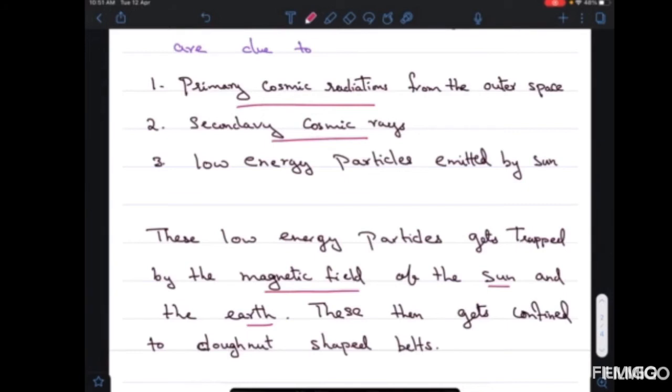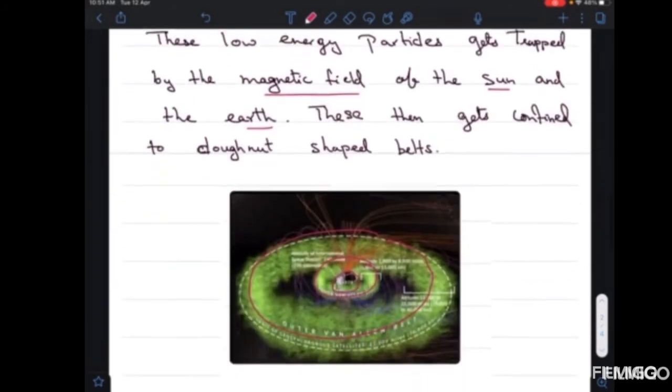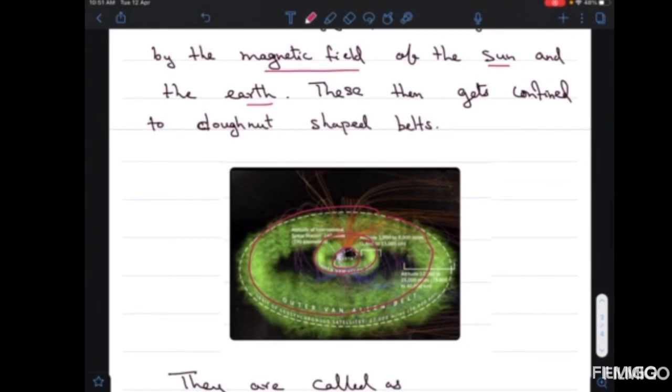So here you have a schematic picture of it. You can see that we have the Earth at the center. There is a magnetic field of the Earth and also the magnetic field of the sun, which influences it.